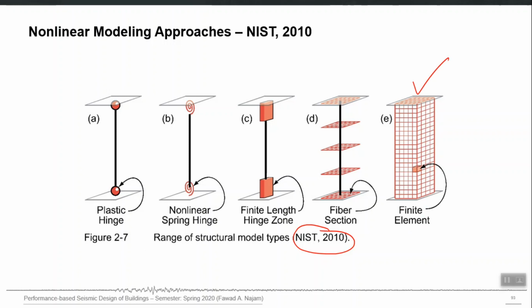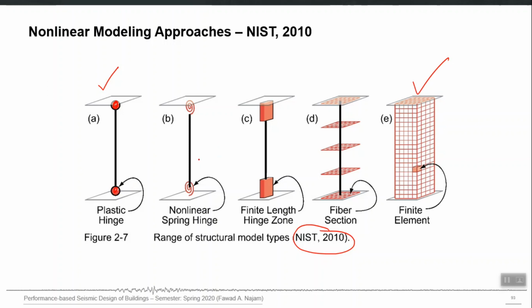Each element has a specific behavior. On the other extreme, you have the plastic hinge approach, where you have a linear element, and all the nonlinear action is lumped at certain hypothetical points, and those points are defined in a computer model in the form of hypothetical elements, zero length elements, which are called plastic hinges.